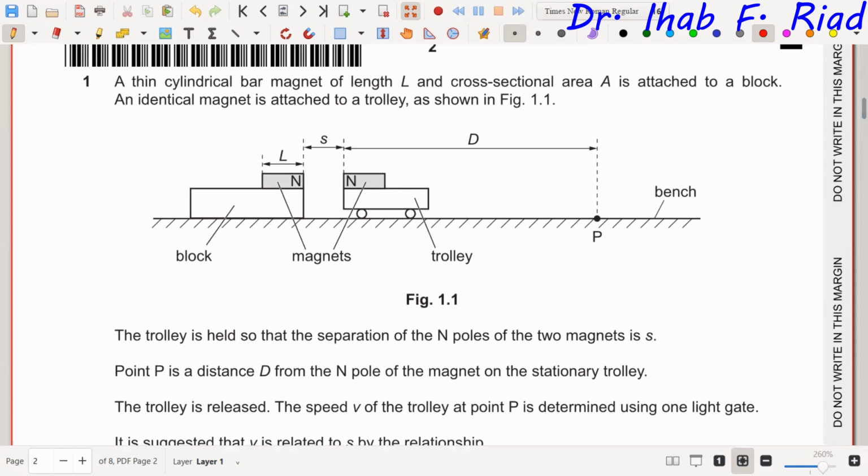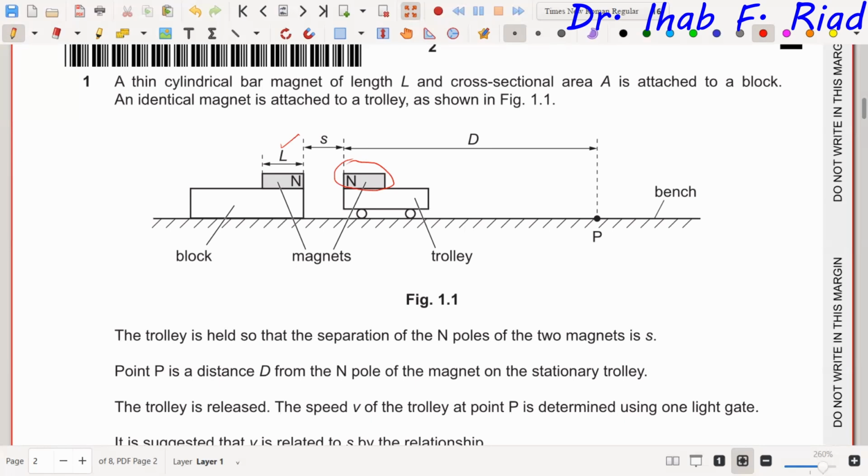A thin cylindrical bar magnet of length L and cross-sectional area A is attached to a block. So this is the bar magnet. It has a length of L and a cross-sectional area of A. An identical magnet is attached to a trolley.